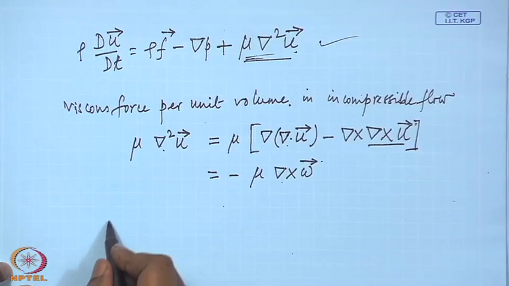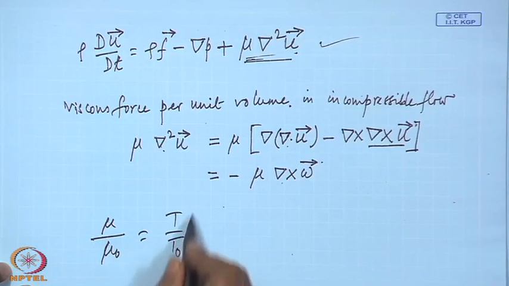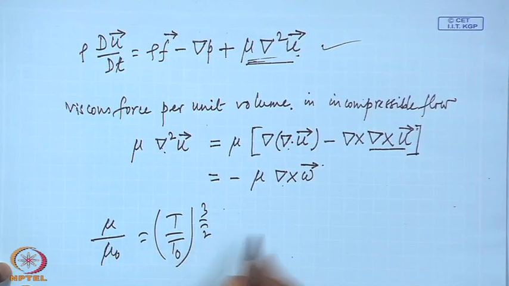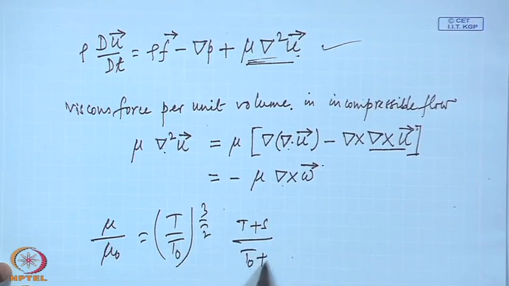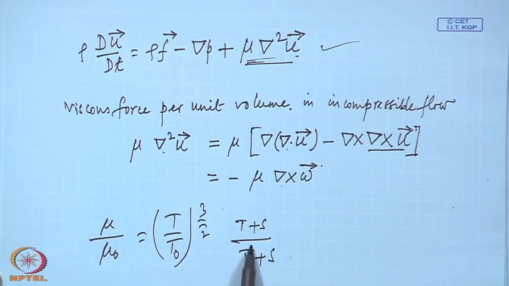See, when there are partial differential equations, it is customary to consider them to be the equations, and any other equations as not equations, they are just relations. So, if we have a viscosity relation, as an example, the Sutherland relation, mu by mu 0 equal to T by T 0 to the power 3 by 2 into T 0 plus S by T plus S. This mu 0 and T 0 are the reference temperature and the viscosity at that reference temperature.